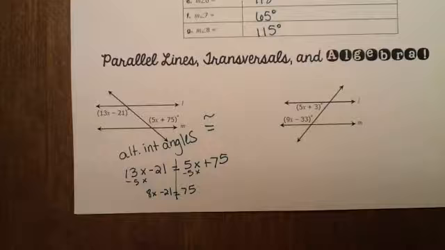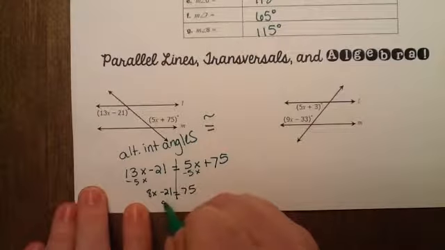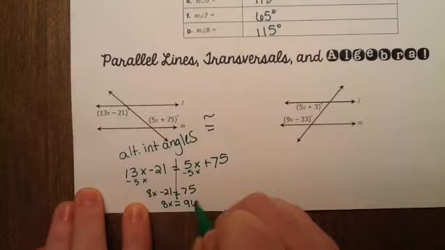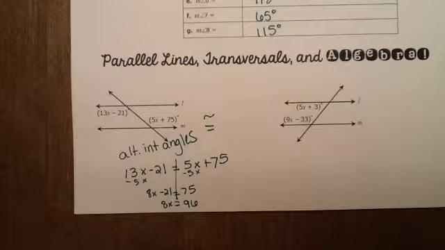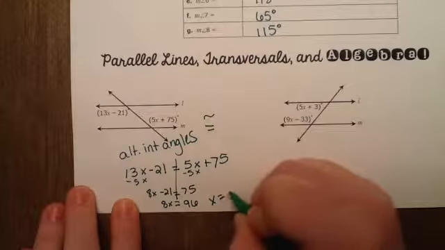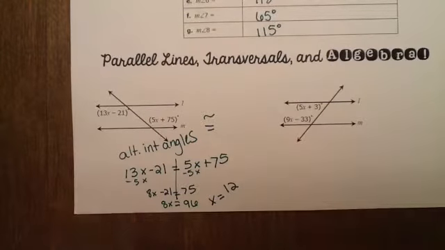Now what do you do? Add 21 on both sides. 8x equals 96. And lastly, divide by 8. X equals 12.